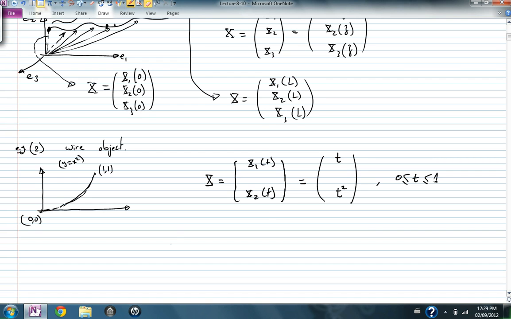And you can describe, in this case, omega naught as all the vectors x such that x is equal to t, t squared, and t is between 0 and 1.